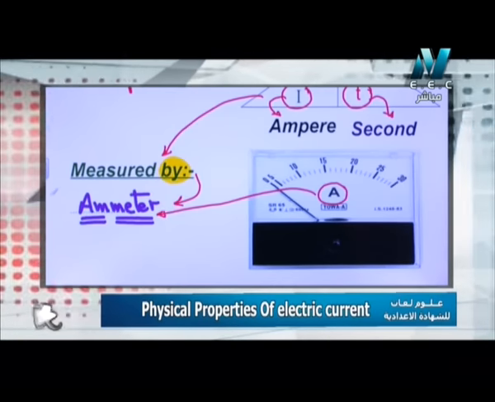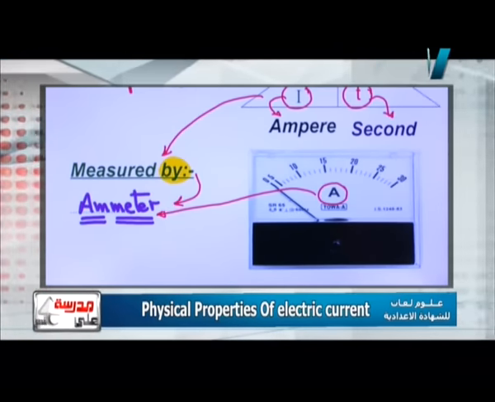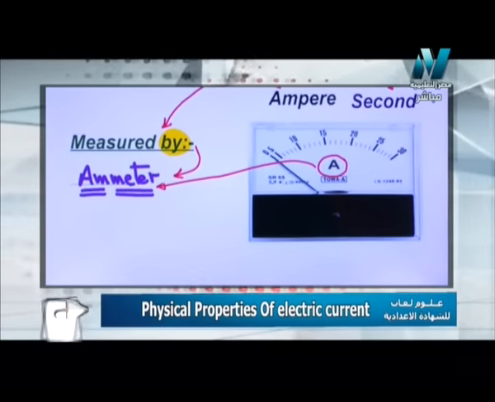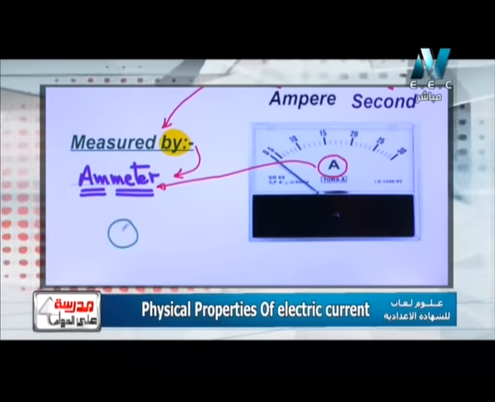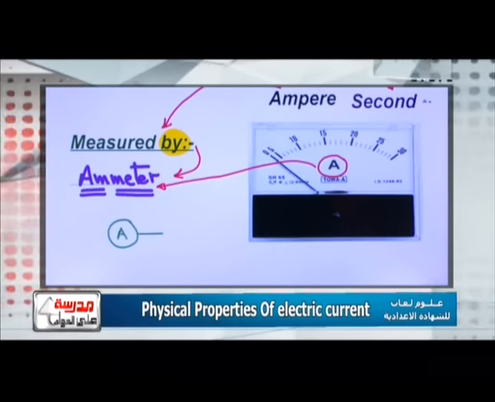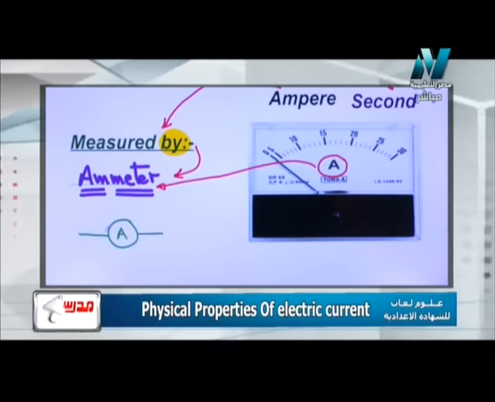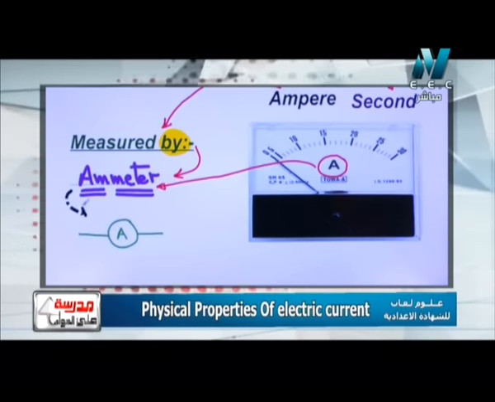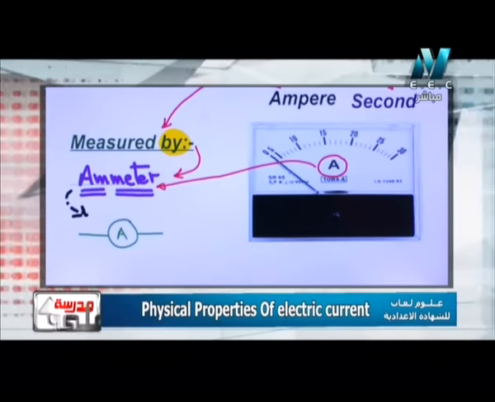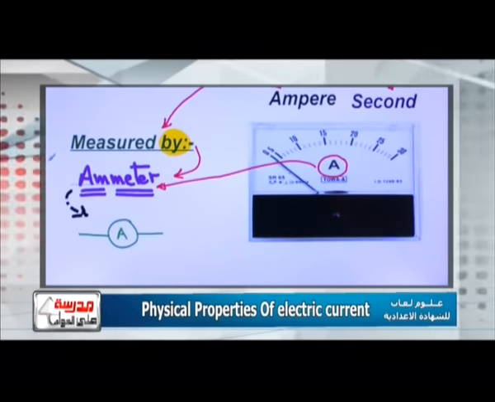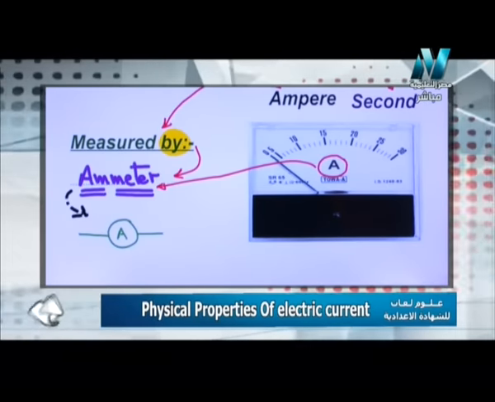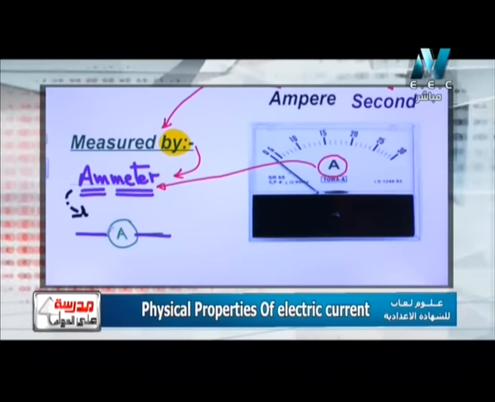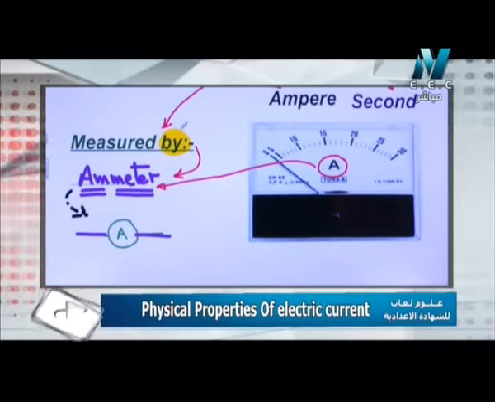Okay, we can also draw the ammeter in an electric circuit by hand, like that. The symbol of the ammeter is a circle with a capital A inside it, and two lines as electric wires from the left and right sides.